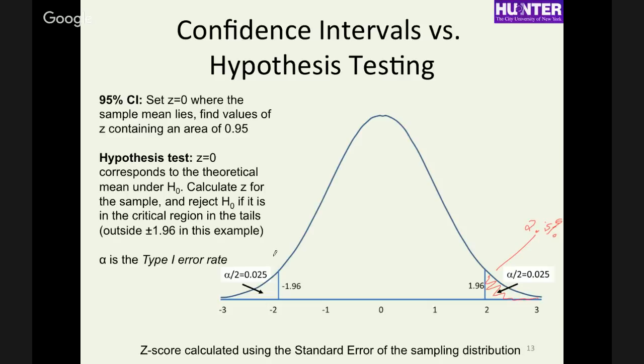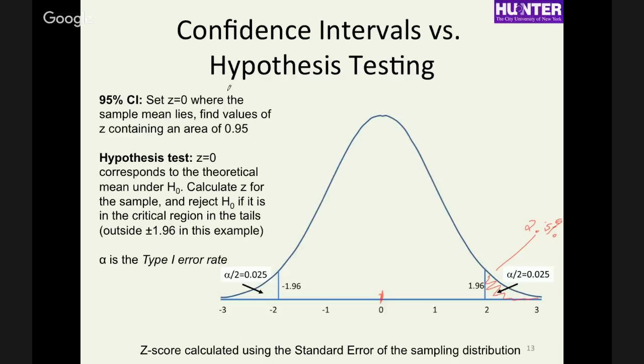So if you are constructing a confidence interval, you put the middle of it right here in your sampling distribution, and you put the edges of it right there. And if you're using a normal distribution, it's at plus or minus 1.96 on the scale of the z-score. Alternatively, if we're thinking of this as a hypothesis test, in the confidence interval, we set z equal to 0 where the sample mean lies and put the intervals at plus or minus from the sample mean.